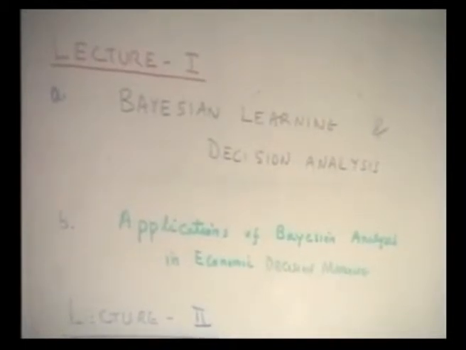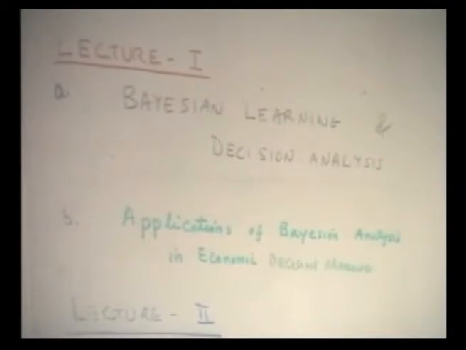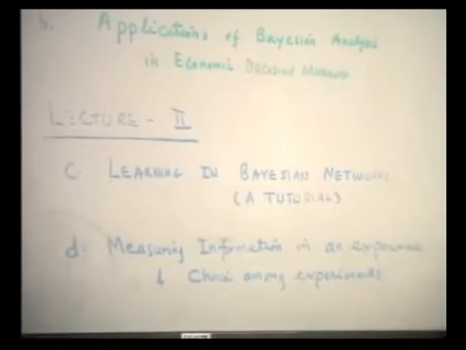So my lectures will cover the following. In lecture one this morning, I'll do a very brief introduction to Bayesian learning and decision analysis. A lot of you have already seen that, but I'll review it quickly, and my point of view is a little bit different from what you have heard already. Then I'll talk about an applied problem, an application of Bayesian analysis in economic decision making, as a prototype of what you can see when trying to solve a decision problem.